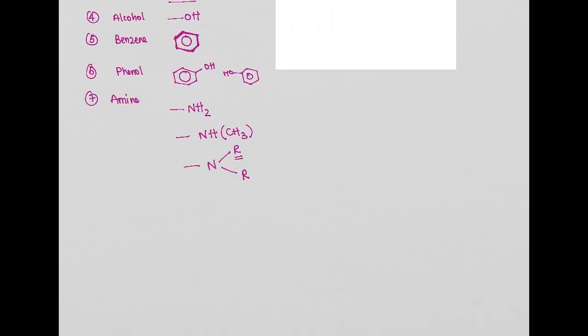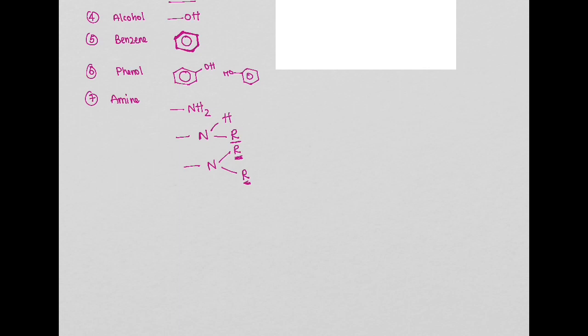So you can have NH2, you can have NH, and then one bond is to an alkyl, or you can have nitrogen bonded to two alkyl. These are all amines.